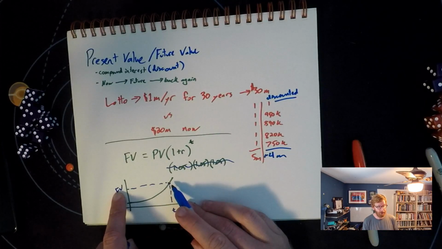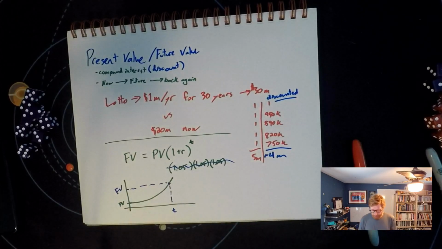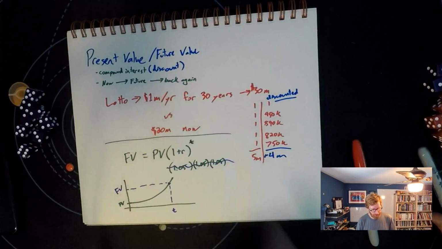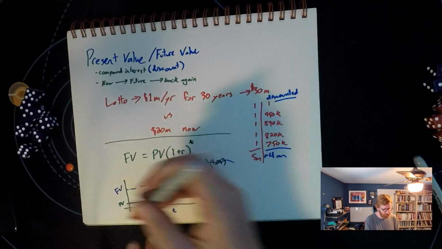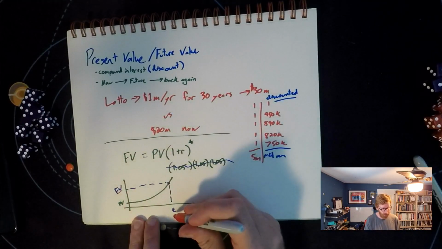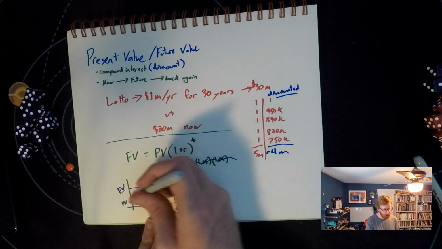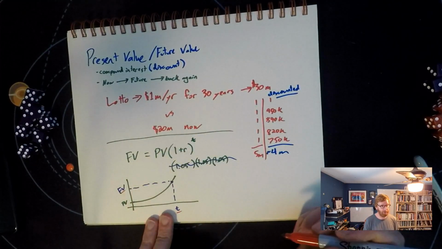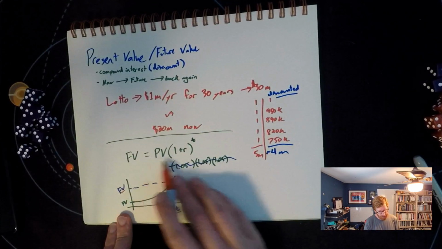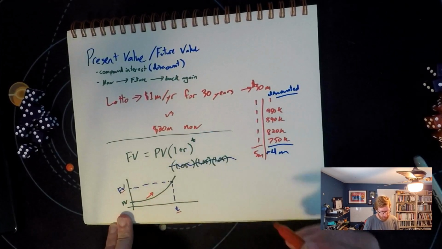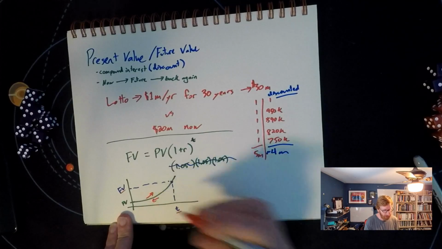So with whatever our current present value is, we let it compound until time t, we're going to end up with a future value. But we can do the same thing in reverse, right? We can travel back through time and ask, if we've got some future value and we know how far back in time we want to go, what's it going to end up being? So here we're using this math to move forward, but we rearrange it and we can get it backwards.